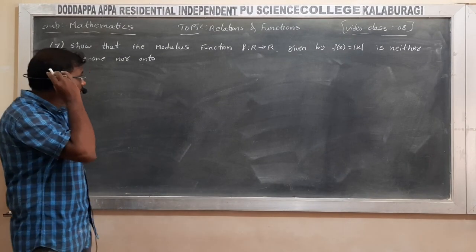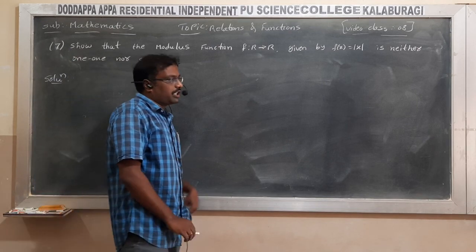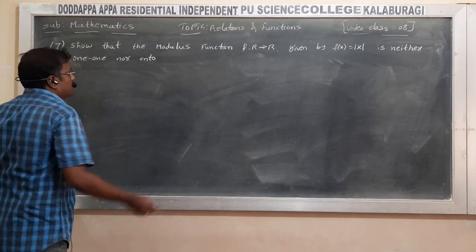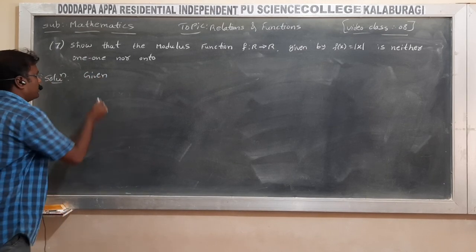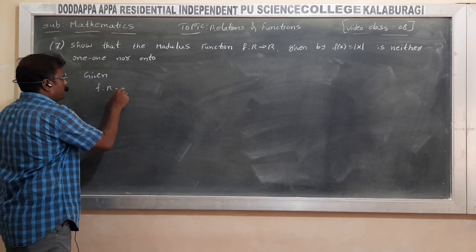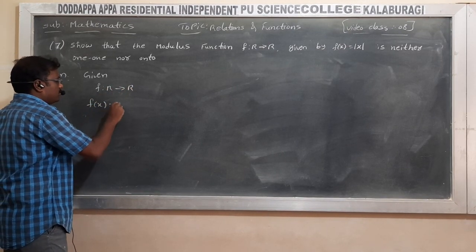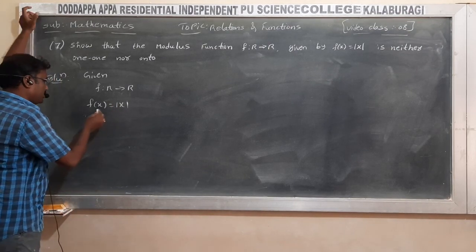Okay, we go for another problem. Show that the modulus function f from R to R given by f of x equal to modulus of x is neither one-one nor onto. So first you have to write the given condition. What is the given? f from R to R is given, f of x is equal to modulus of x. Here also you can take two values.